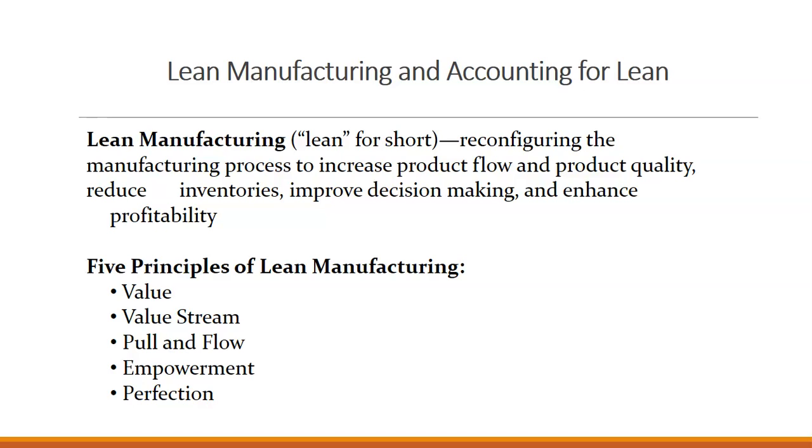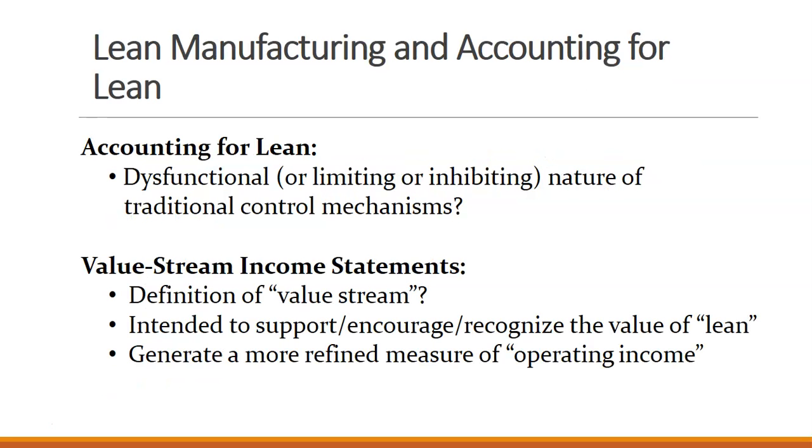One of the types of lean manufacturing is total quality management, just-in-time manufacturing. We have 5 basic principles of lean manufacturing that we're going to look at over the last couple of slides: the value stream, pull and flow, and empowerment and perfection.